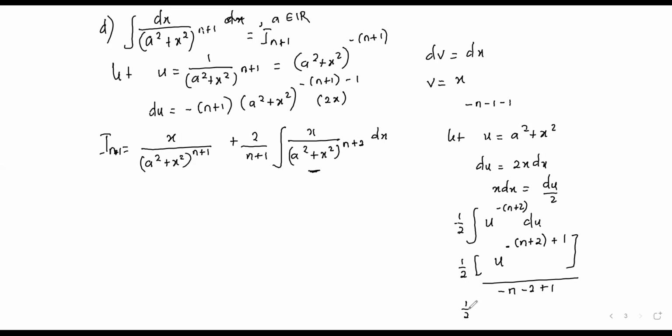Okay, so the numerator, so now I can bring it back. This will be x over (a squared plus x squared) to the power n plus 1, plus 2 over n plus 1, and then this is half this one. And then that will be 1 over, that would be minus n minus 1, so which would be u to the power minus n minus 1.